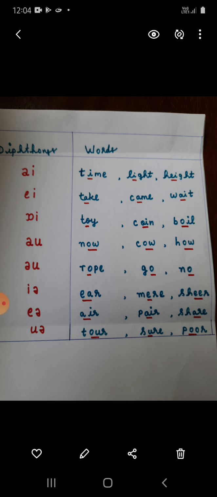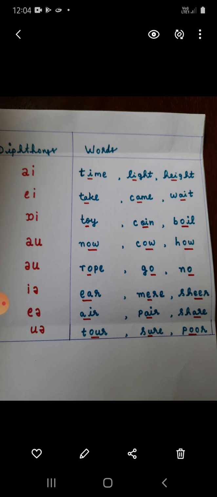Clear? And which are the examples? Tour, T plus UA. Understood? It's not tour as we say. It is tour, T plus UA. Quite interesting, yes? These are all new things for us, just for your new information.